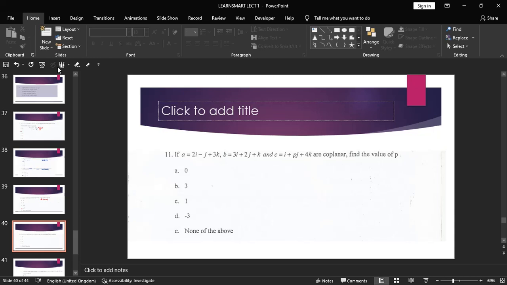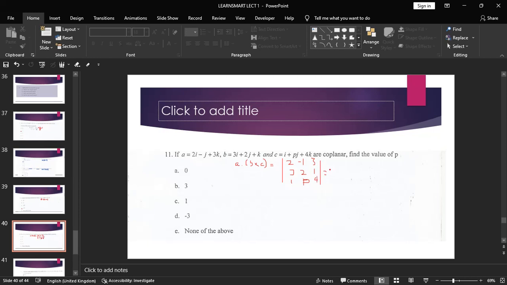Okay, so let's try finding the value for P, okay. We know that our scalar triple product will give us something like this, okay. So we have 2, minus 1, okay, and 3, and then we have 3, 2, and then 1, then we have 1, P, okay, and then 4, okay.